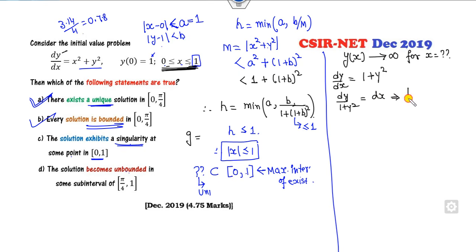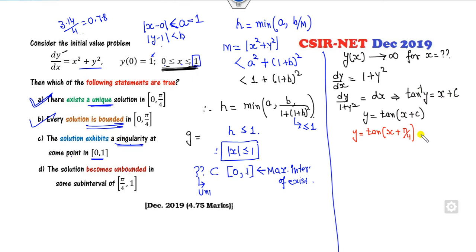That means tan inverse y is x plus c. So y will be tan of (x plus c), and y of 0 is 1. If x is 0 and I substitute here, what is c? x is 0, y is 1, so c will be pi by 4. So y is tan of (x plus pi by 4).